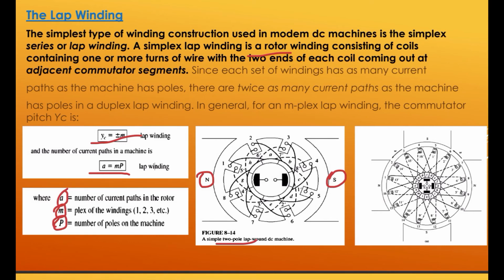As you can see from the shape here, this is, for example, coil 1, then coil 2, coil 3, then 4, 5, 6, 7, and this is 8. We have two brushes here, 1 and 2. This is also another figure for lap winding.